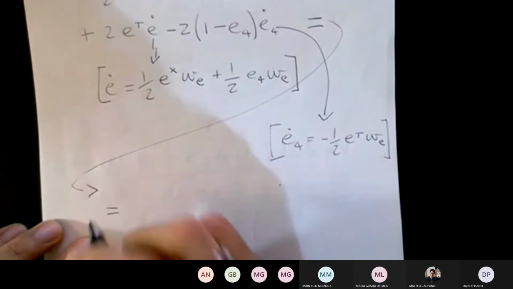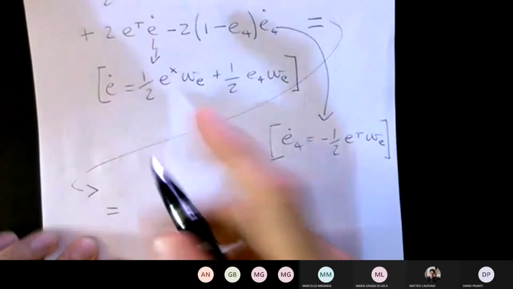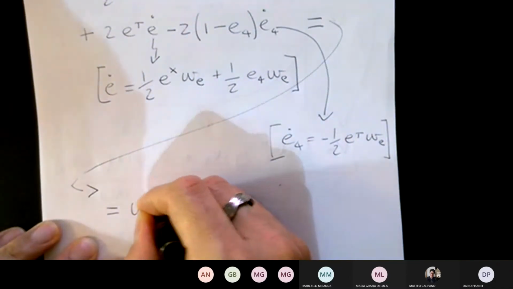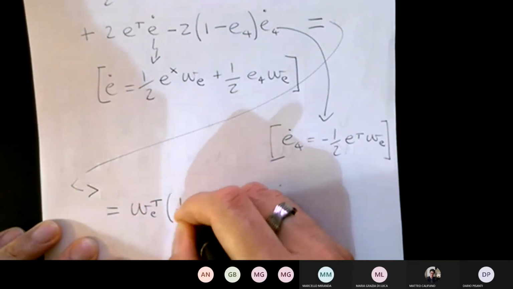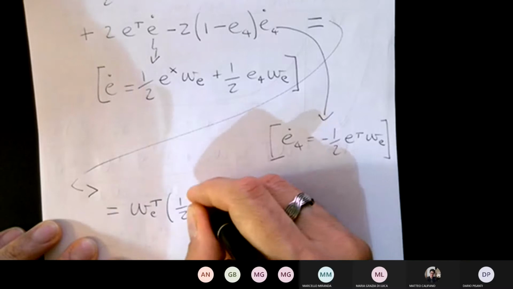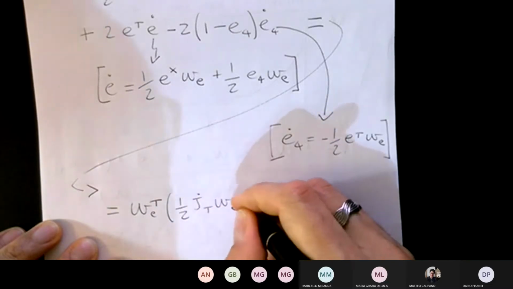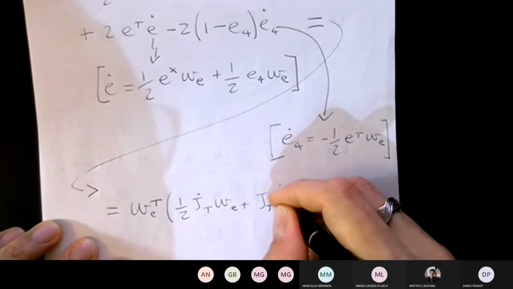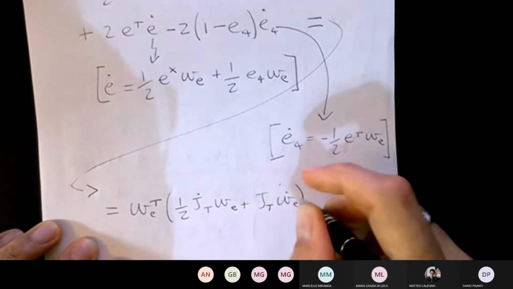what do I have? Well, I'm going to collect omega E transpose, 1 over 2 JT dot omega E plus JT omega E dot.